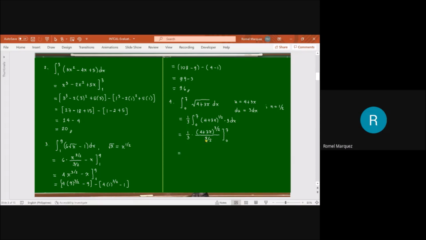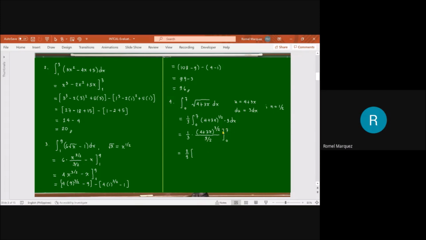So this is equal to 2 over 9 times. Let's factor out 2 over 9 and evaluate this 4 plus 3x quantity to the 3/2 when x is 7 and then later when x is 0. So let's begin with the upper limit first.